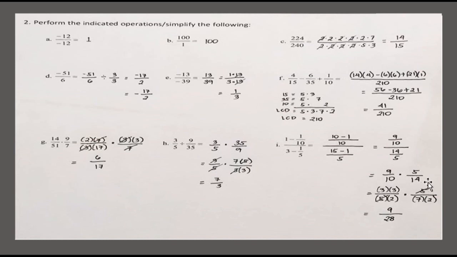It is the reciprocal. So, we factor out to simplify. The only one that cancels is the 5 here and the 5 in 10. So, what remains on top is 9 over 28 at the bottom. So, that is how we simplify the following operations on fractions.